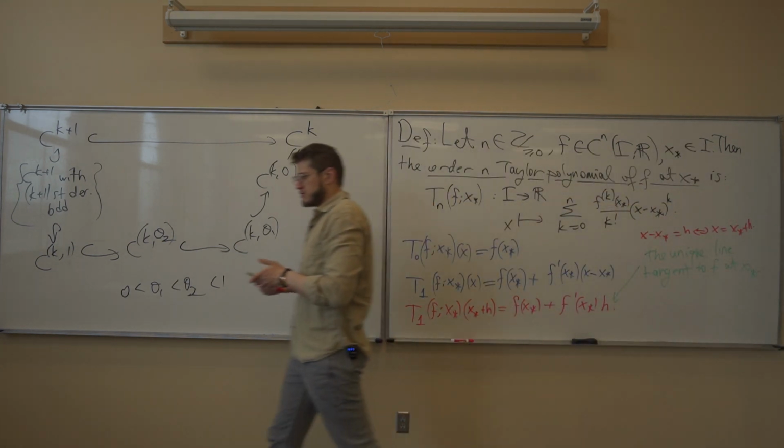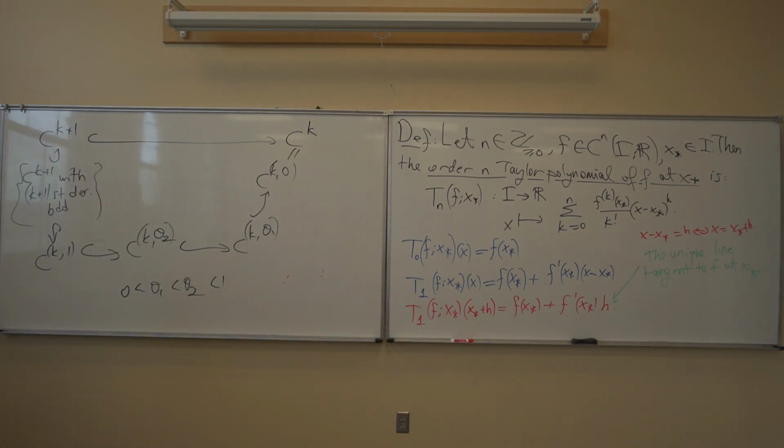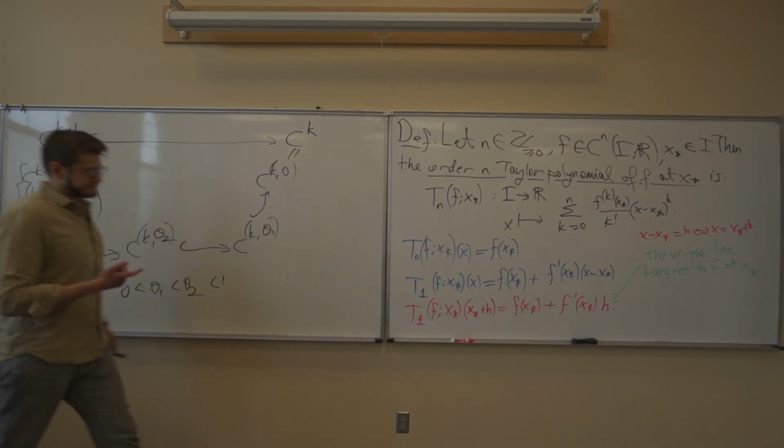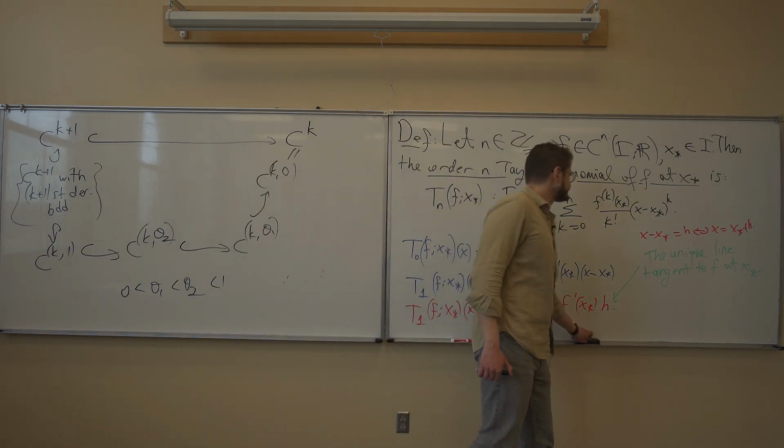Okay, let's do one more. Taylor polynomial of order 2. So it's T sub 2.